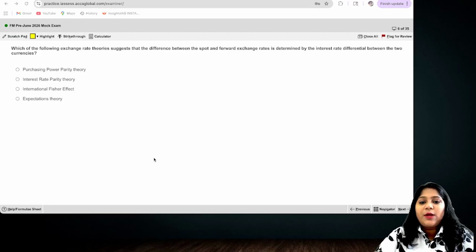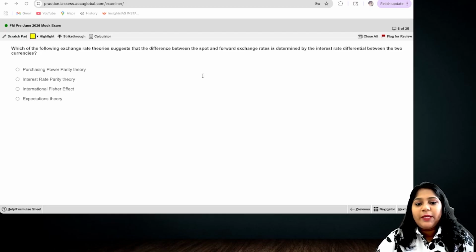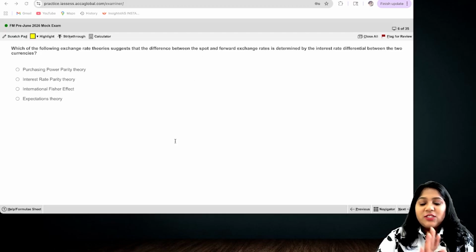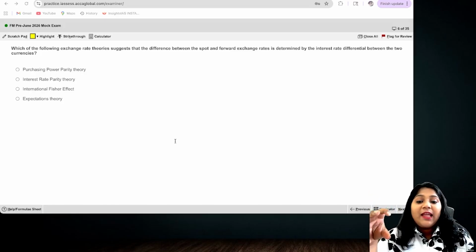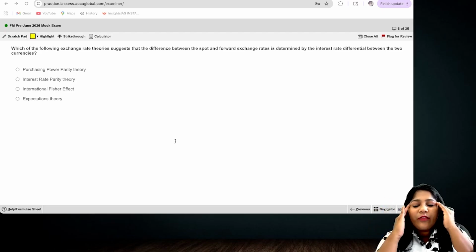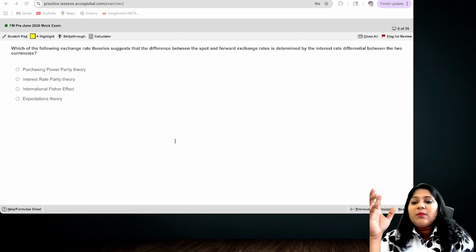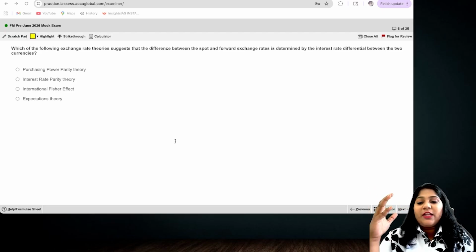And look at the next question. Which of the following exchange rate theories suggests the difference between spot and forward exchange rate is determined by the interest rate? Guys, it is very simple. Don't go for expectations theory or international Fisher effect.